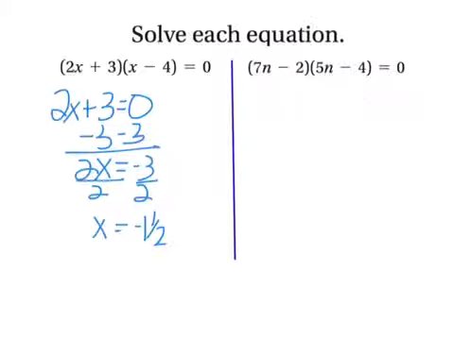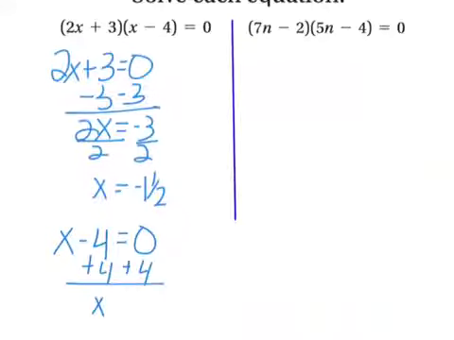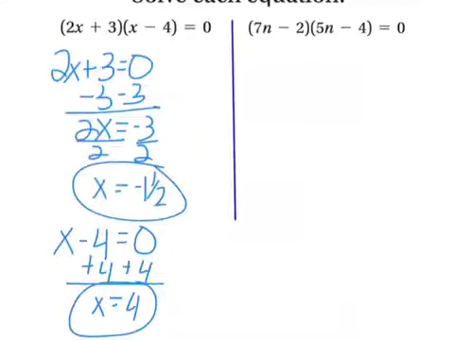For the other one, it's x minus 4. Set that equal to 0, so I add 4 on both sides, and I find out that x equals 4. Even though we got a fraction, remember that's okay. And I have my two solutions where that parabola would cross the x-axis.